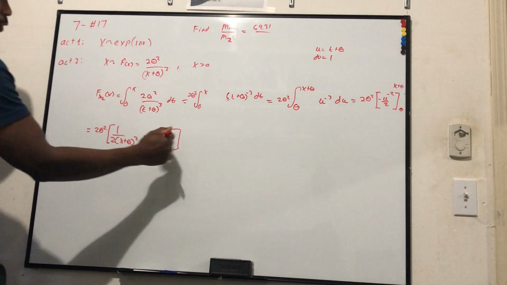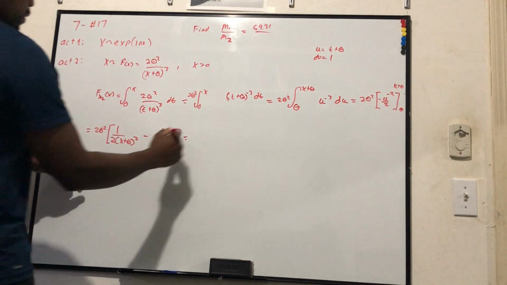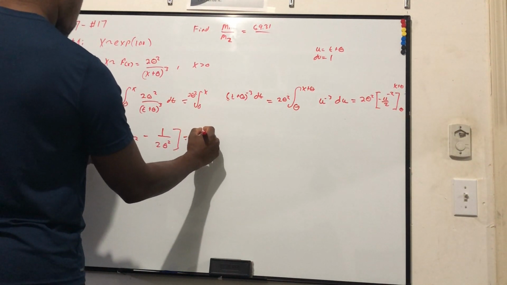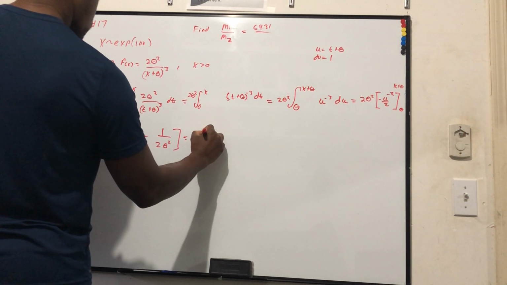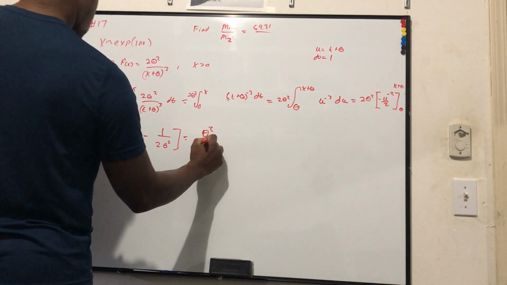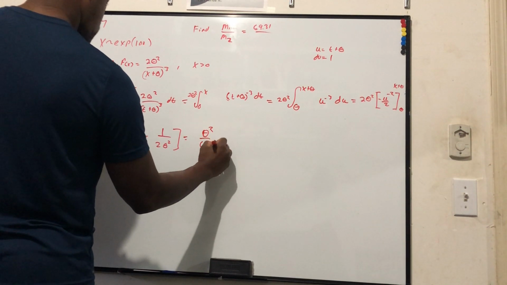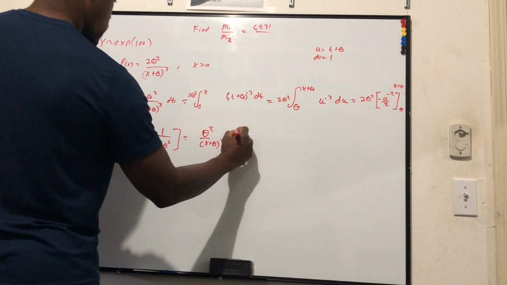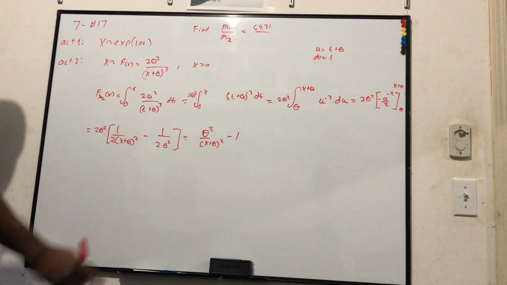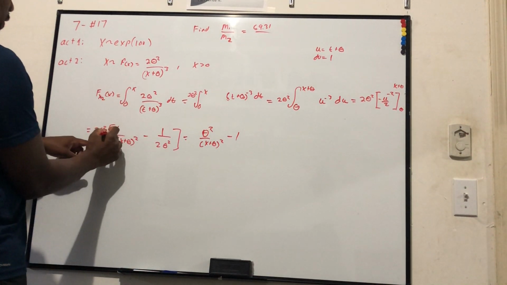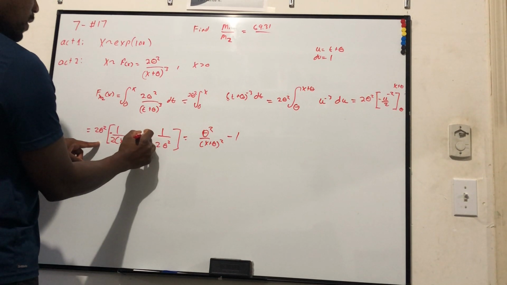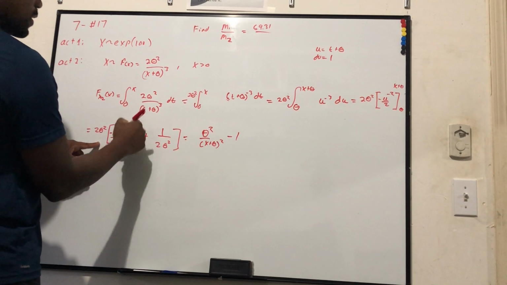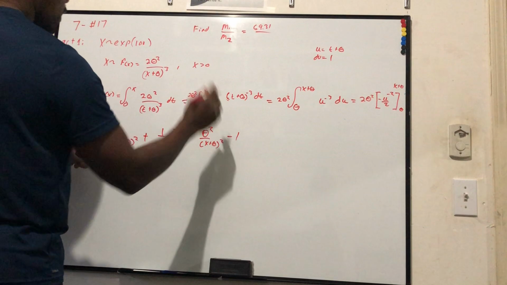So then we're going to distribute, and we know what we got here. This 2 goes away. We get this 1 over theta squared, x plus theta squared, minus 1. Oh, and this would be negative, and this would be positive because of that, sorry.